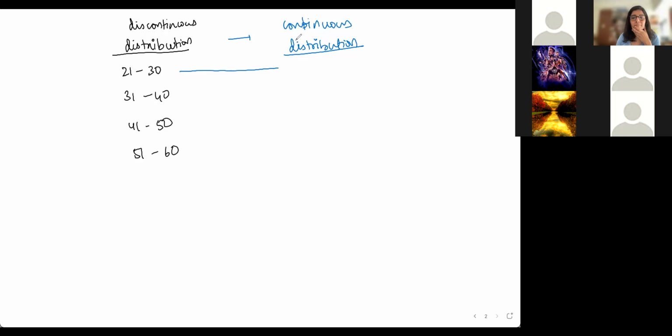Because we take the difference between the upper limit of the first class and the lower limit of the second class and divide by 2. That way you get a central value between both. That's where the 0.5 comes from. Suppose the second class had been 32 to 40, then 0.5 would not hold anymore, since you have to find a middle ground between two different numbers.